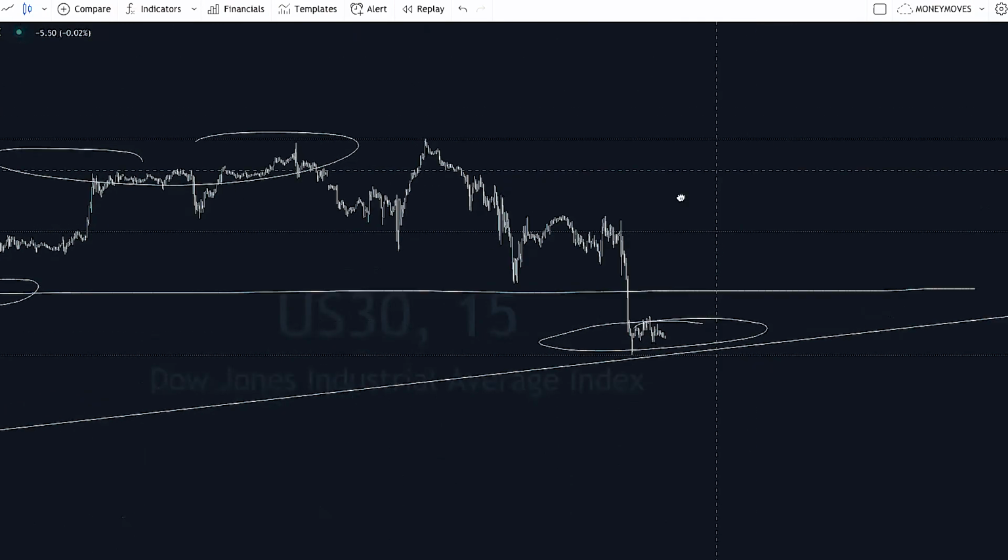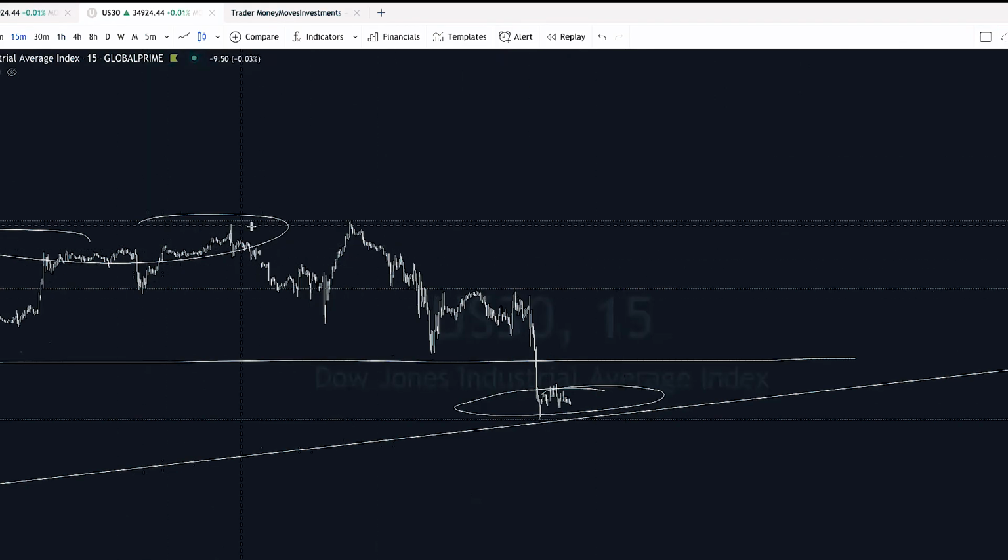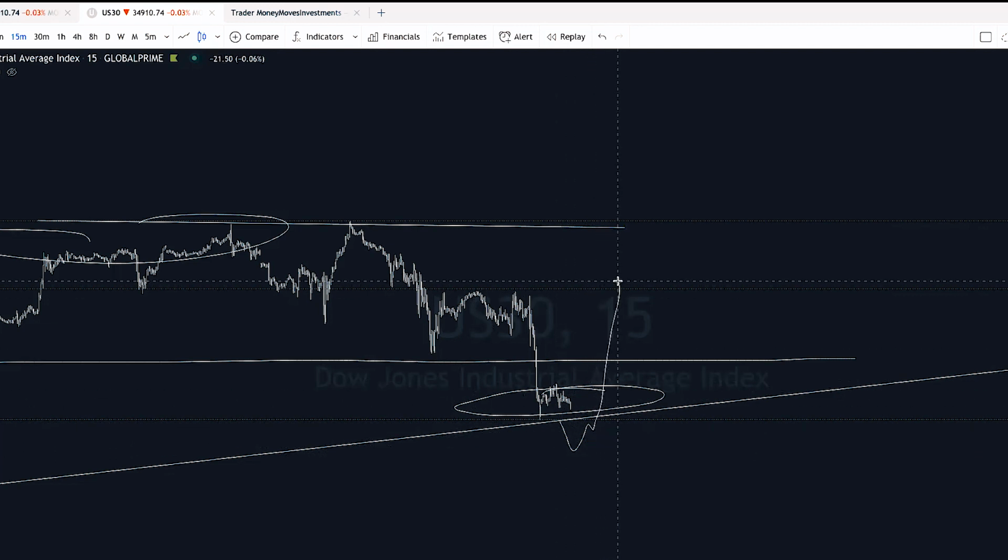I know traders that sometimes want a break of the complete high. They want a break of this whole level here before they decide to do anything, because the market sometimes ranges, sometimes it fakes you out, sometimes it will break down, retest, but then come back. But how do you get that confirmation?